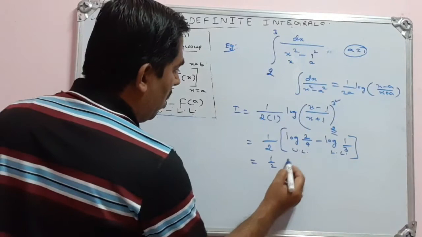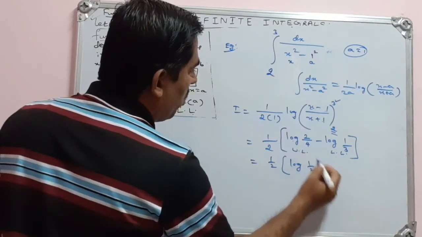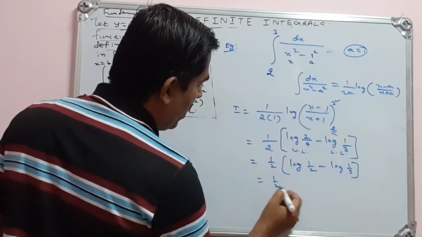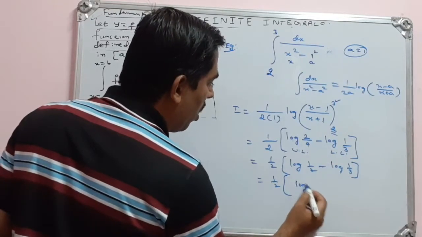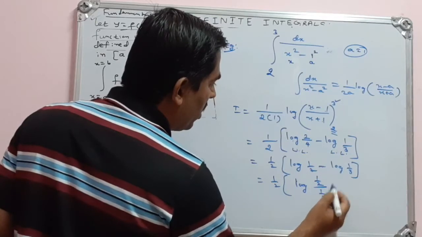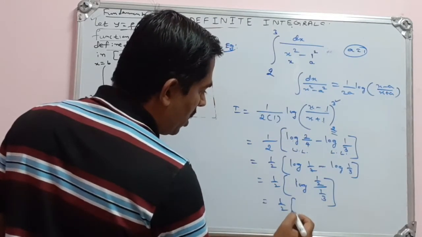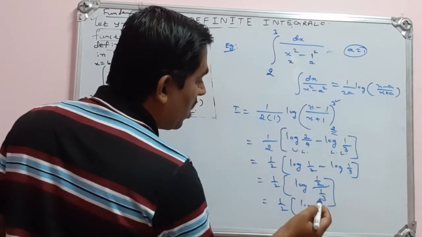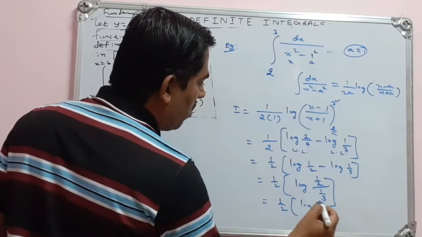Then half into log of 2 by 4, which if I cancel it is 1 by 2, minus log of 1 by 3. Now I can write this as half into log m minus log n, that is log of m by n, that is half divided by 1 by 3. Then half log of m by n, that is half into log of, this 3 goes to the numerator, so it will be 3 by 2.